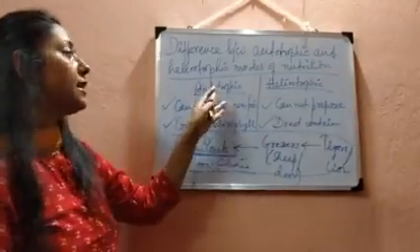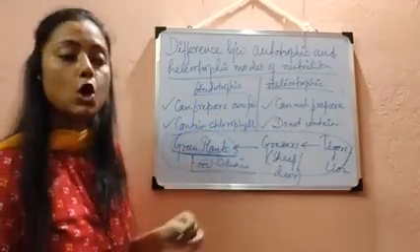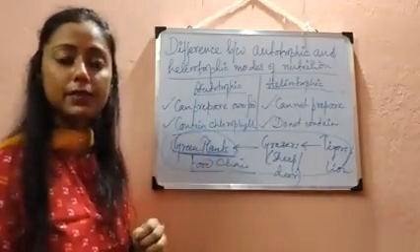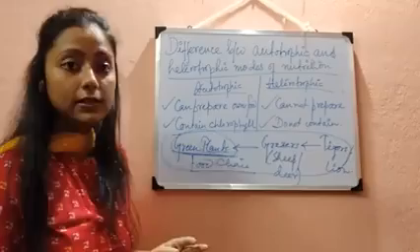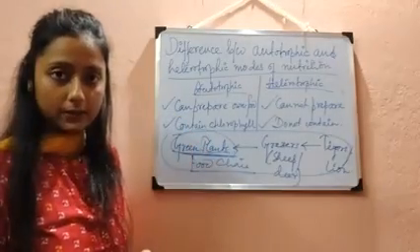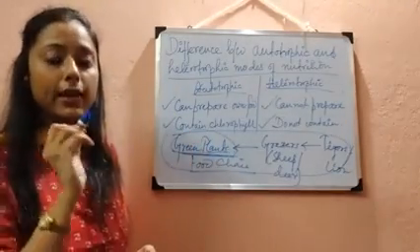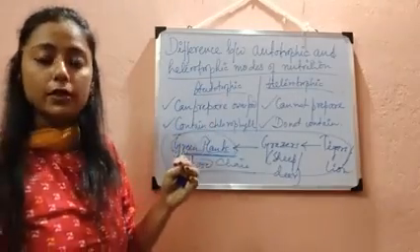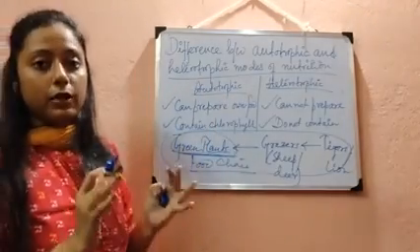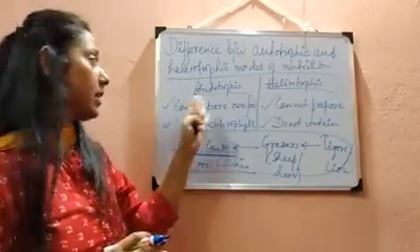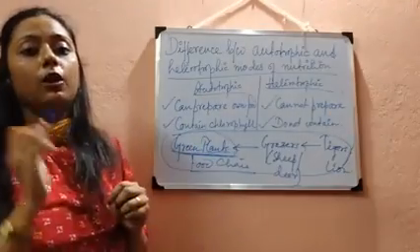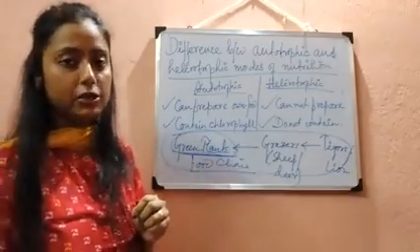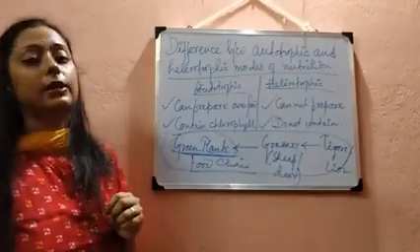So what should be the examples of autotrophs and heterotrophs? Autotroph examples are obviously the green plants, and heterotroph examples are obviously the rest of the animals and some non-green plants. If you write in your exam paper or any kind of paper that plants are autotrophs, you should not write this kind of answer, because maximum plants are green plants, but there are some kinds of plants in our atmosphere that do not contain chlorophyll.